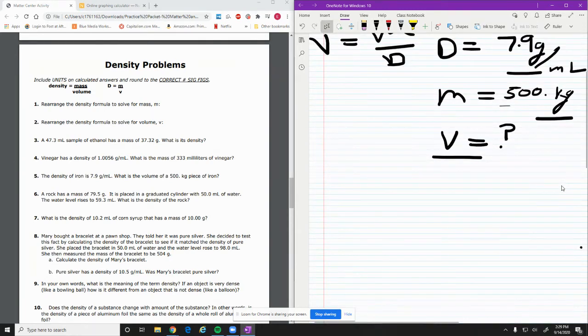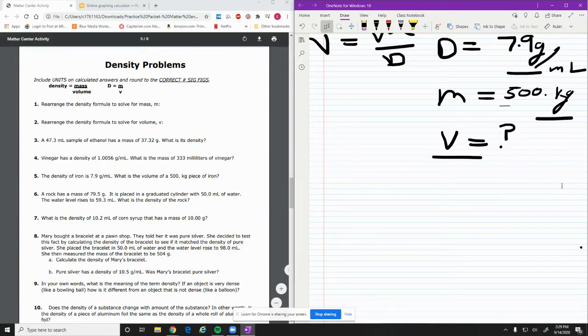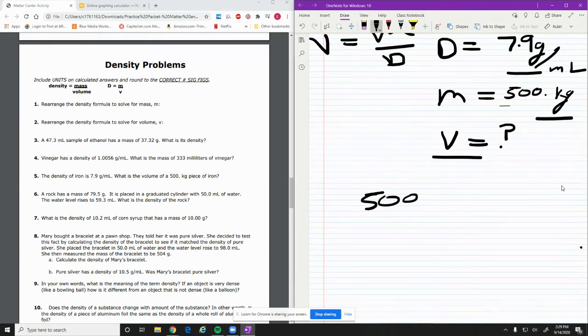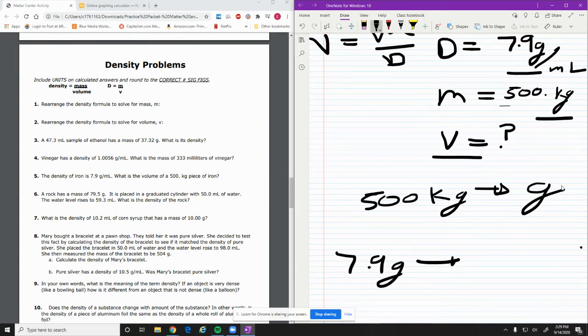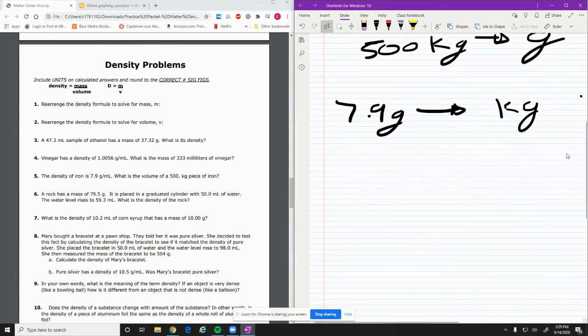Now the question is, do I want to turn this 500 kilogram to gram, or do I want to turn this 7.9 grams into kilogram? And the answer really comes from the SI, right? What's the custom for density?